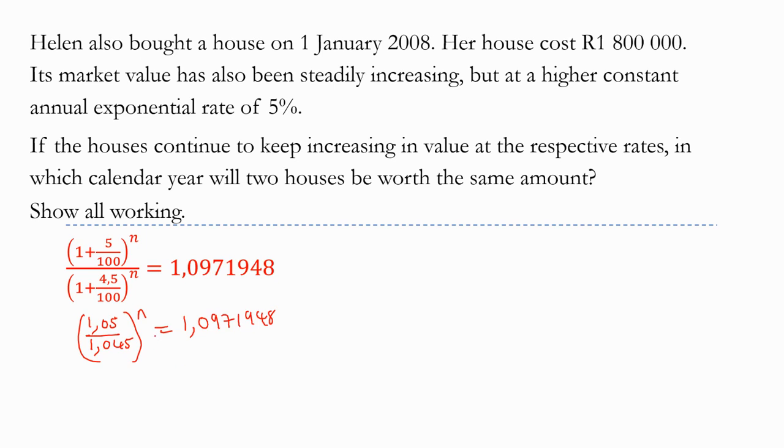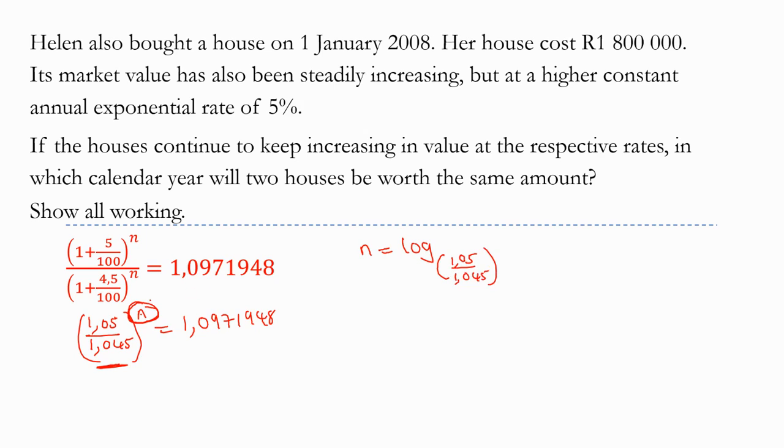Now, I said we're changing from exponential form to log form. Just know that the exponent is the subject of the formula, and this is the base. Subject, base. So it becomes n is equal to log, where the base goes here, so it's 1.05 over 1.045.